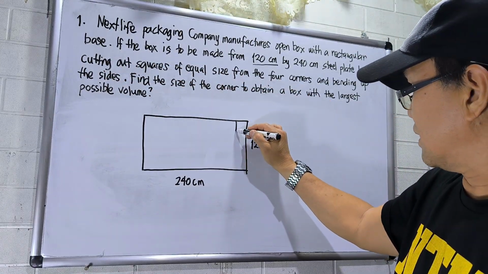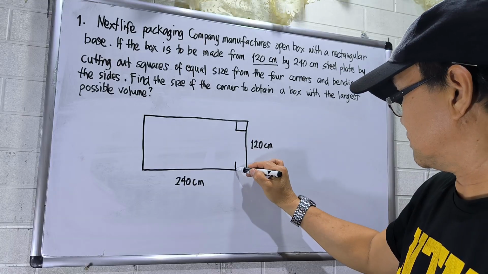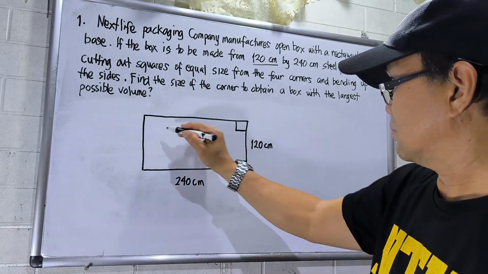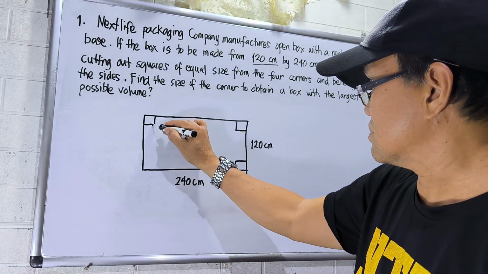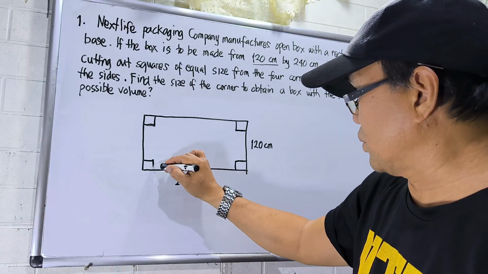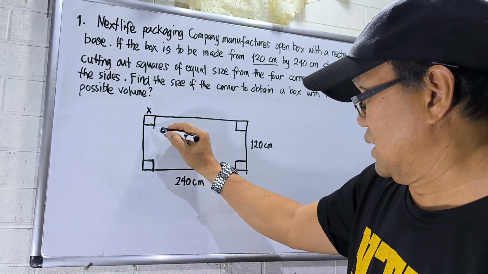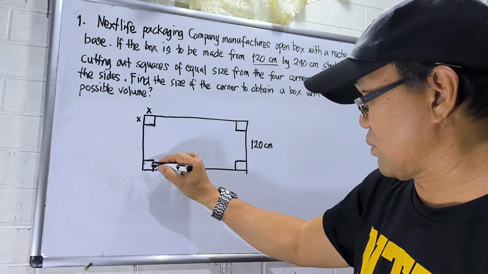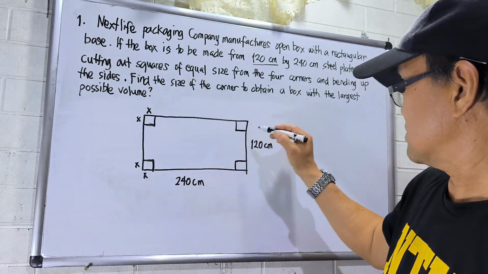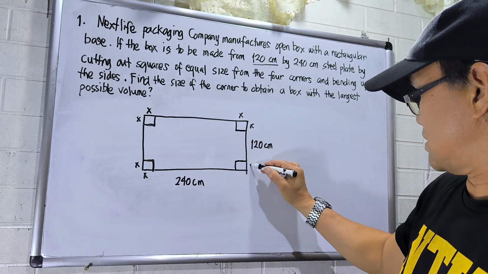So these will be the four corners, right? We don't know the size, so let x be the side. Then this will be x also. That's a square. This will be x, this will be x.